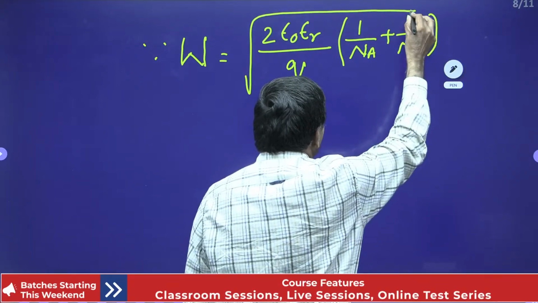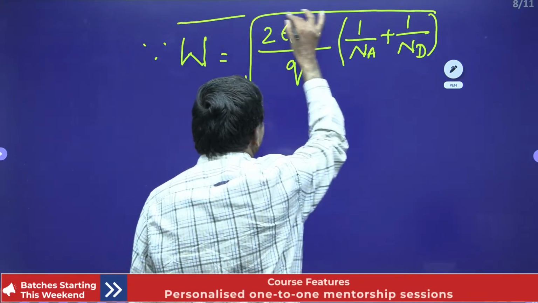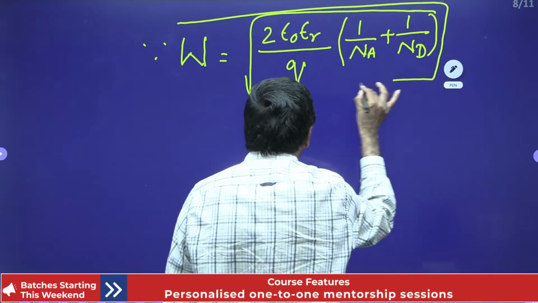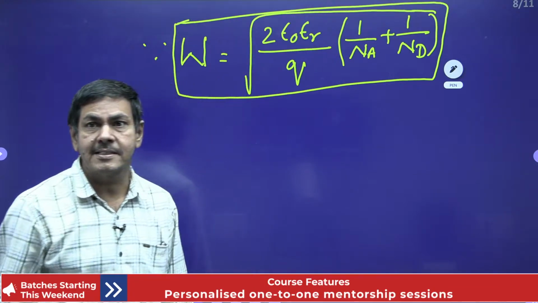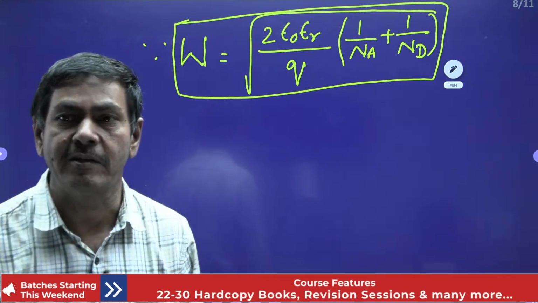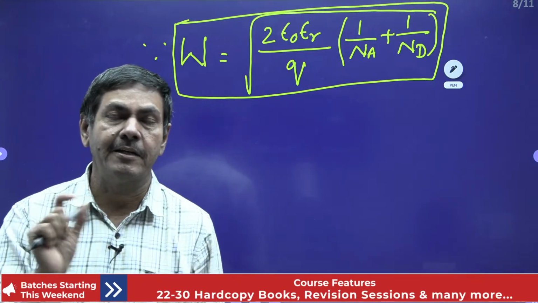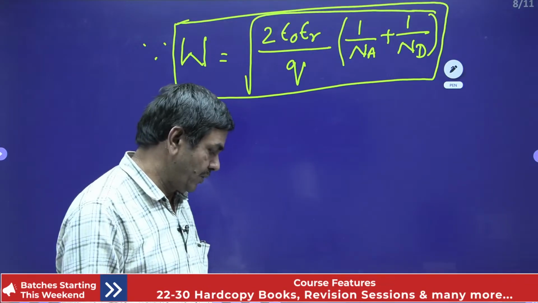By using this formula, the calculation of W will be done. The width of the depletion layer is calculated by this formula only.